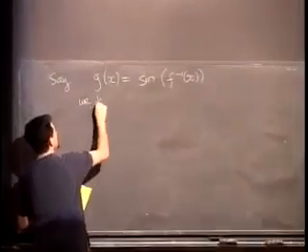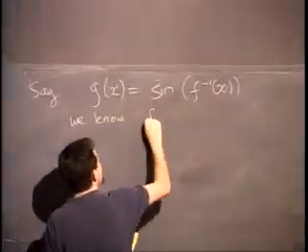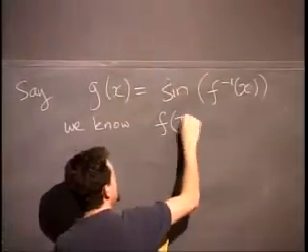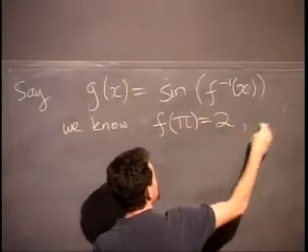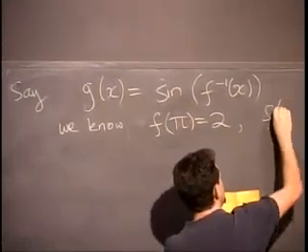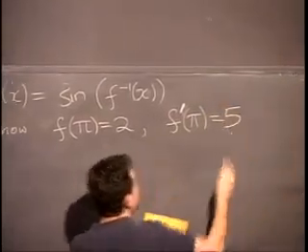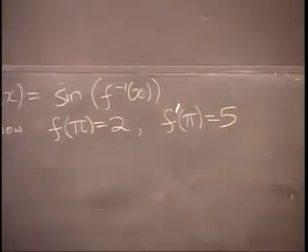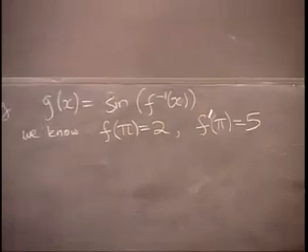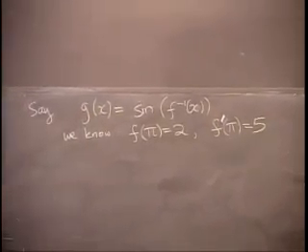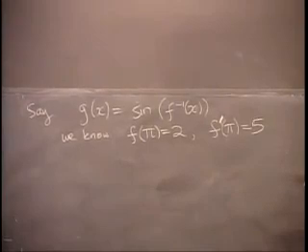All we know is that f of pi is equal to 2 and f prime of pi is equal to 5. So f is a differentiable function, and I'm assuming that it's invertible. So let's say its derivative is always positive. This would all be part of the question. I'm just too lazy to write it down.